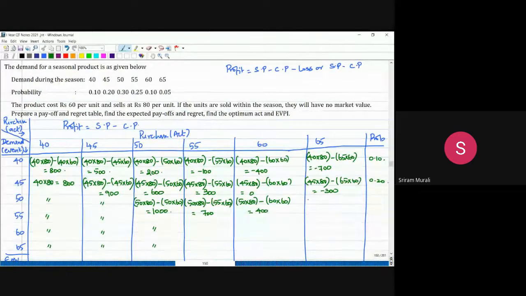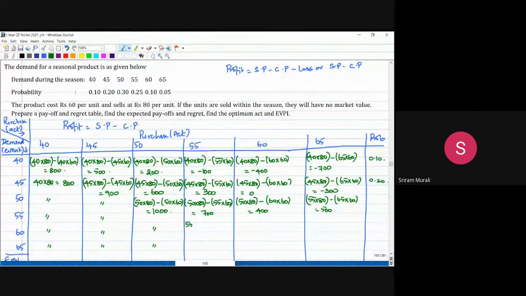The last one will be 55 into 80 minus 65 into 60. That is equal to 500. The same way, this one 60.